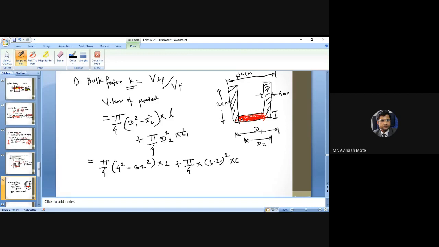We require it in centimeter, 0.4. Okay, so there is nothing difficult.